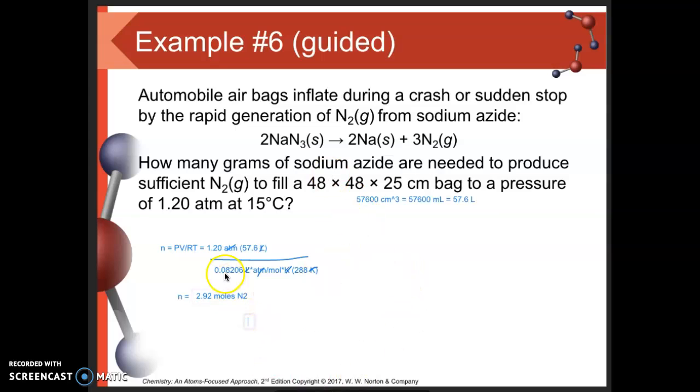Now, stoichiometry takes us the rest of the way here. 2.92 moles of nitrogen. I know based on my balanced chemical equation that for every 3 moles of nitrogen, I get 2 moles of sodium azide.